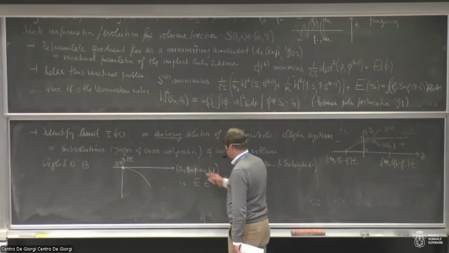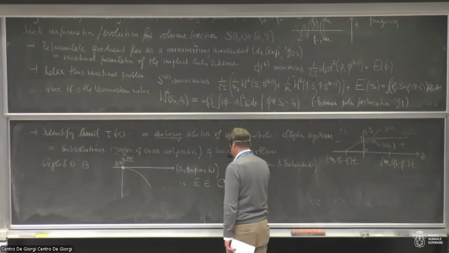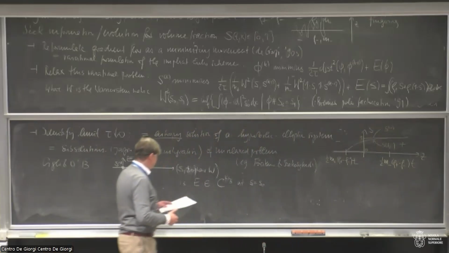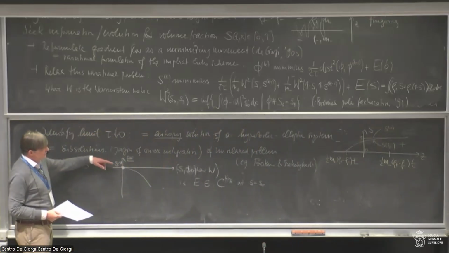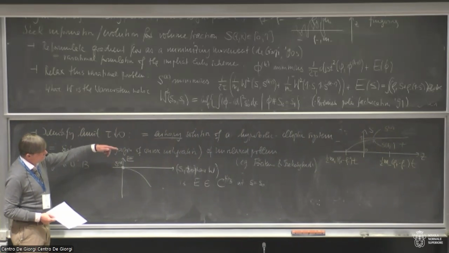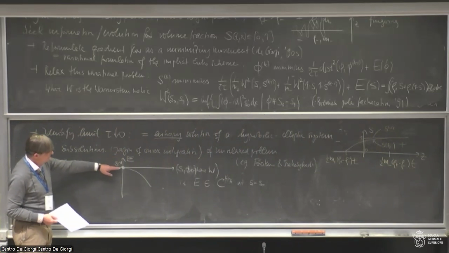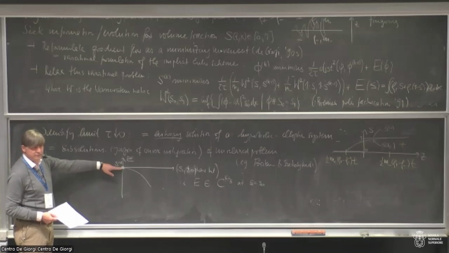One can be pretty precise about the intrinsic exponent of this geometry at S equal to S0. And in fact, the rarefaction solution of this problem realizes that while this is a stationary point, there is a path out of it, because your energy landscape has this slightly singular structure.